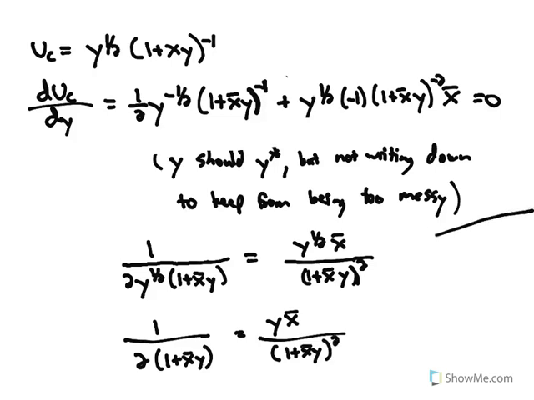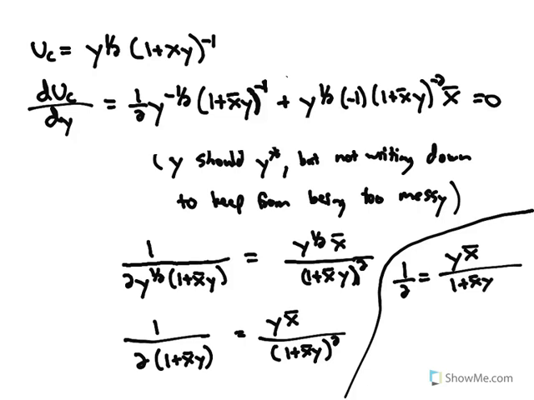Okay. And the next thing I want to do is multiply both sides by 1 plus x bar times y. All right, so on the one side, I'm going to get 1/2. And on the other side, I'm going to still have the y, x bar, and now that squared is gone. So I just have 1 plus x bar times y.